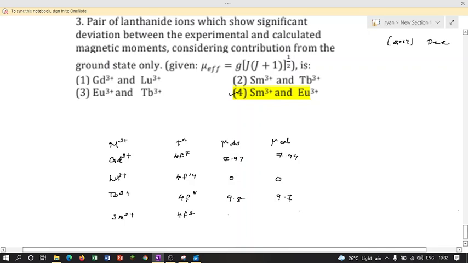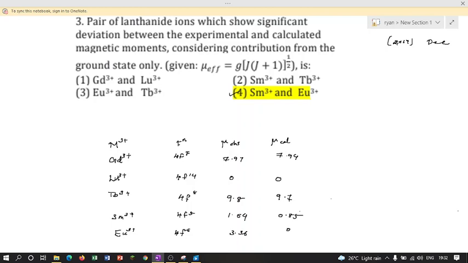Observed magnetic moment value 1.64, calculated that is 0.85. Next is 4f6, 3.36 and 0. Here the question is, the pair of lanthanide ions which shows significant deviation between the experimental and calculated magnetic moments, considering the contribution from the ground state only.